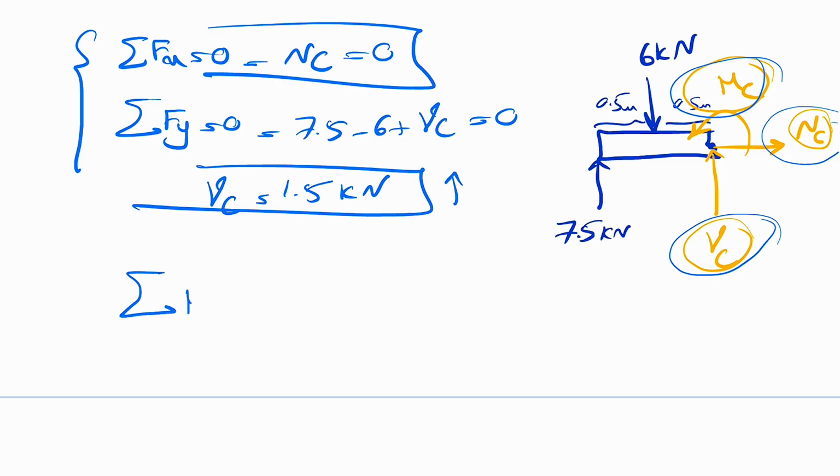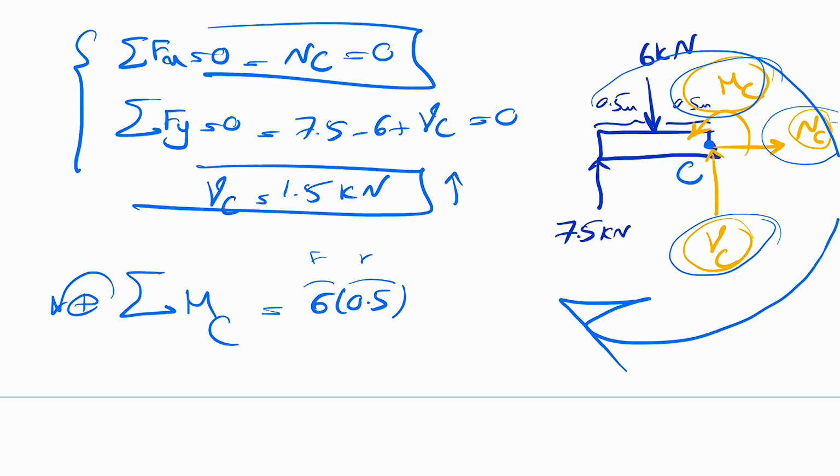And for the moment, we just do the moment about point C. Again, this is our point C. Counterclockwise positive. So we get rid of VC and NC. So we have the moment of the 6 kilonewton, which is counterclockwise. So 6 times 0.5, force times the distance r. And the other one, 7.5, is clockwise, so negative 7.5 times 1.